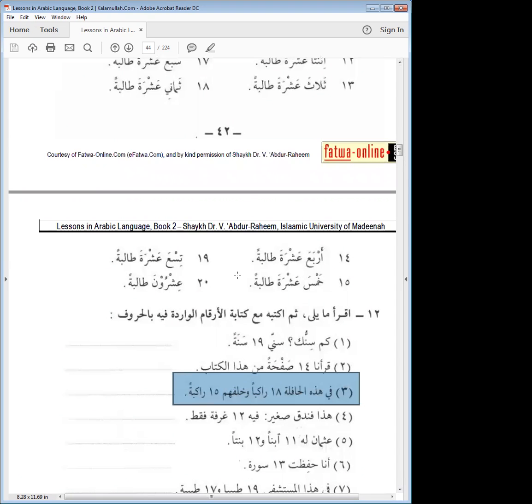All right. Here you have to look at the thing which is counted. Okay. We have two sets of numbers here with two different genders. The first one is masculine. The second one is feminine. All right.